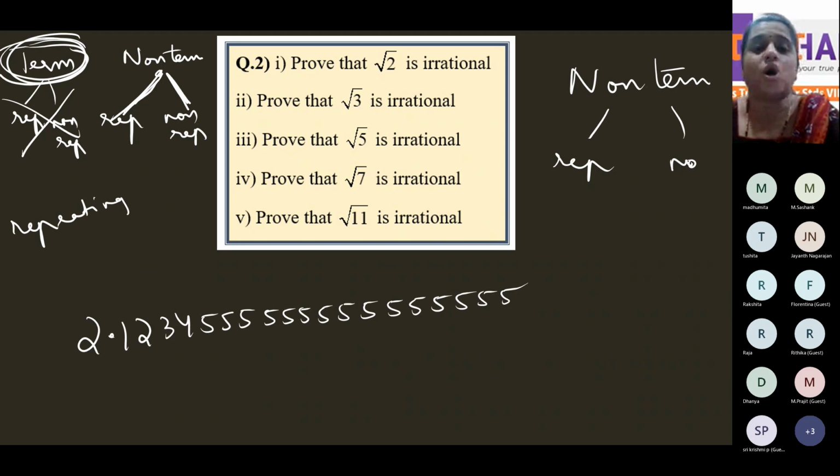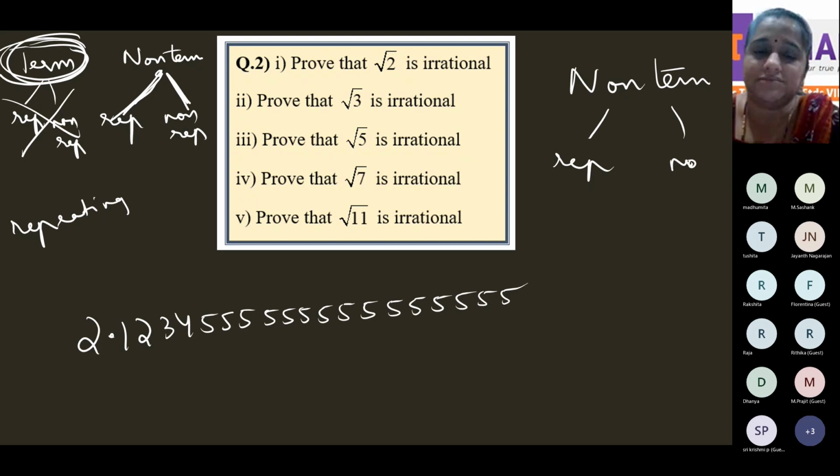If you simply say non-terminating decimal, then you should specify whether it is repeating or non-repeating.